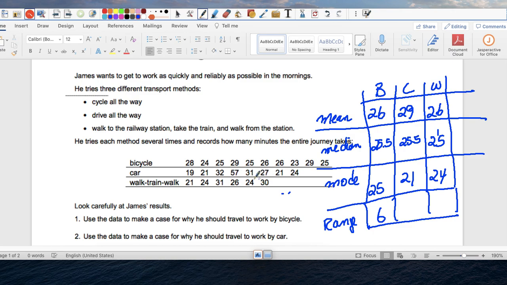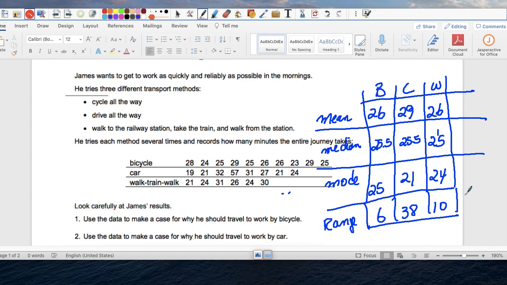The range for the car is 57 minus 19. No idea what that is, and that is 38. Oof. And the walk, train, walk, the highest is 31, and the lowest looks like 21, so the range is 10.